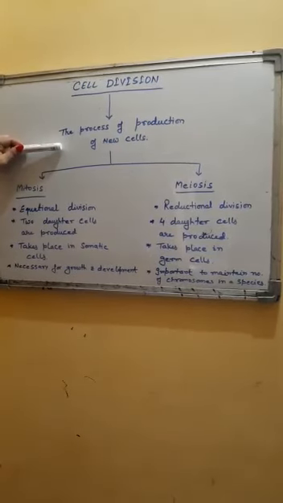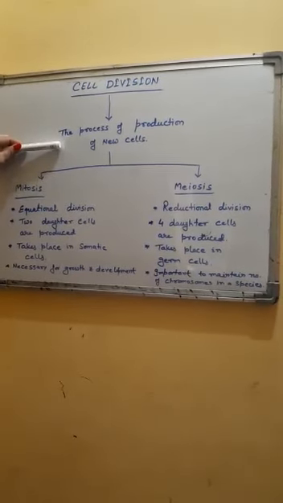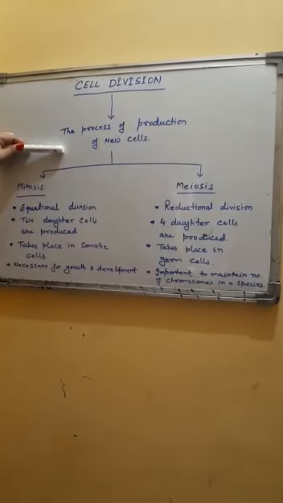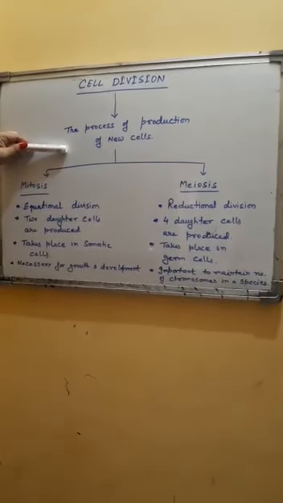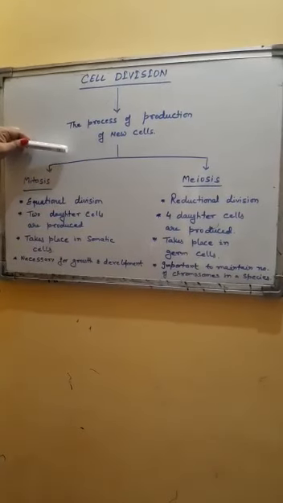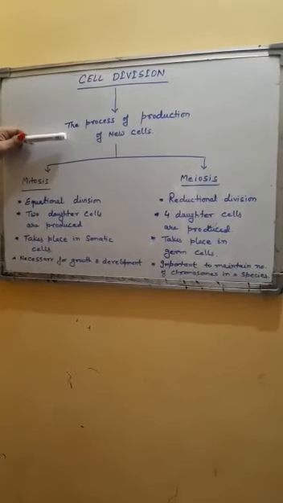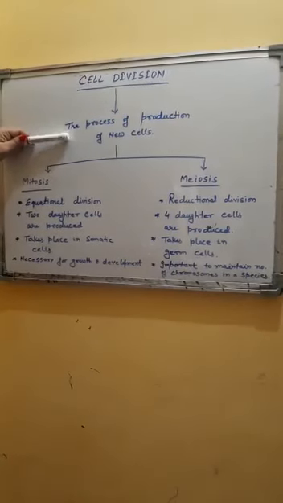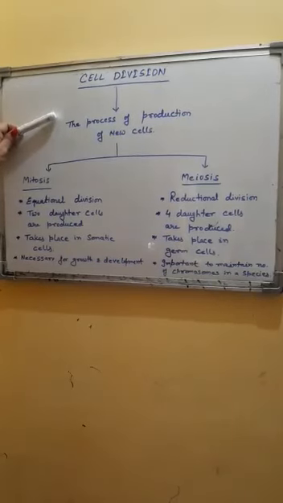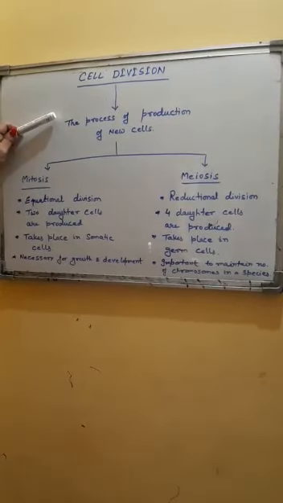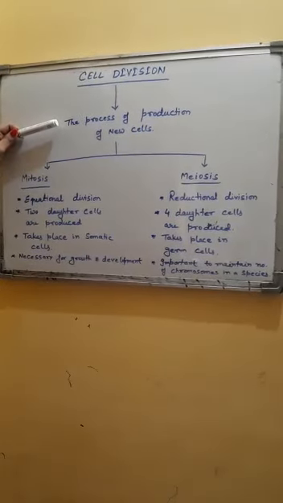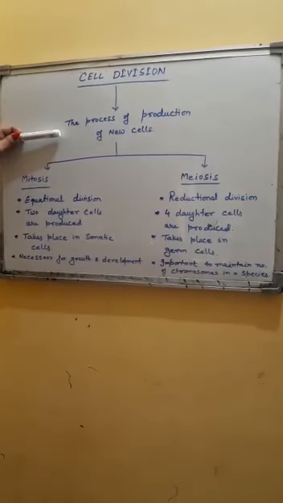These new cells are termed daughter cells, which grow, and after reaching a certain maturity they divide again and give rise to new cells, and in this way the life, or you can say the cell division, continues. Cell division is very important for the growth of the species and for the continuation of life.